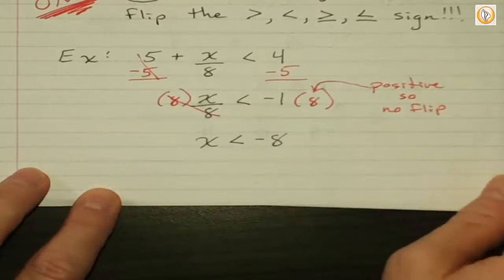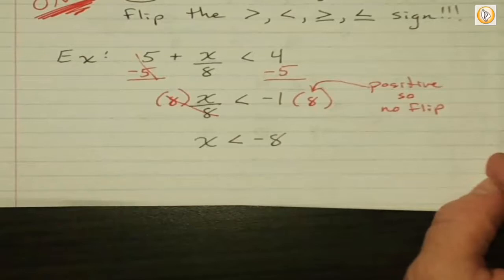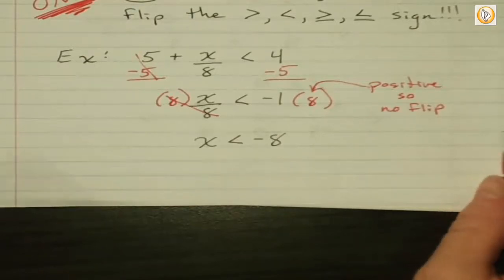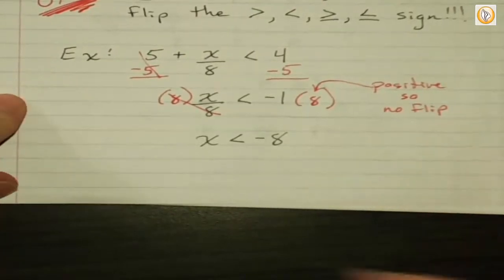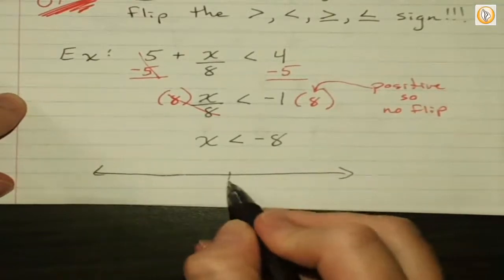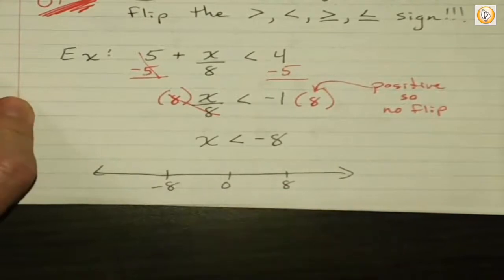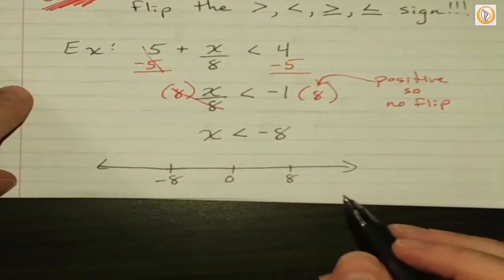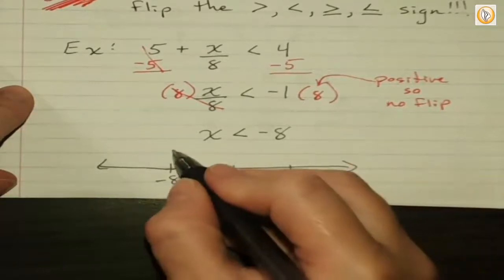Now, make sure you have that written down. Okay, open or closed? Over the negative.